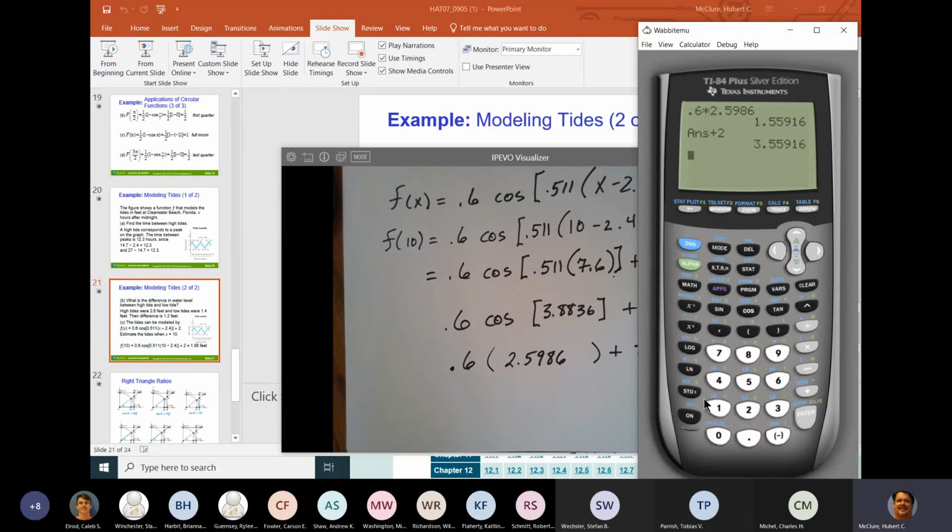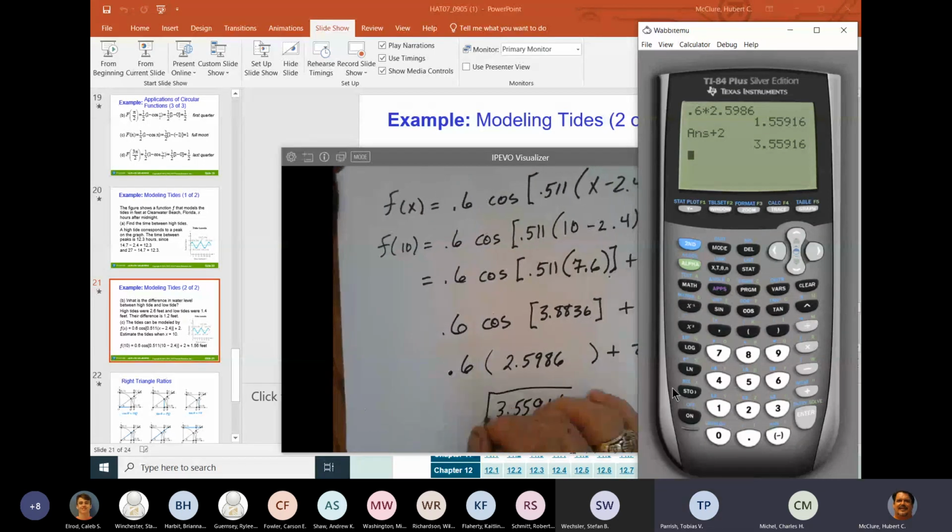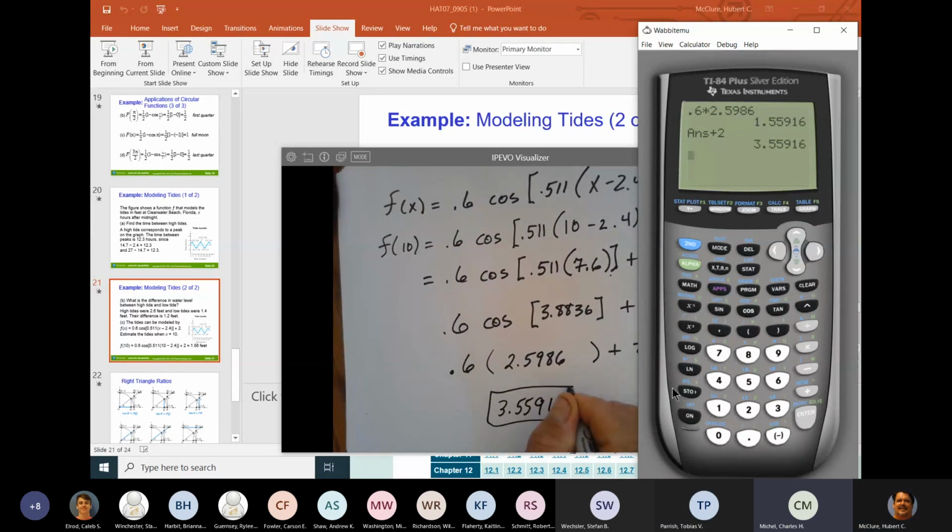I got 3.55916. Oh, I was saying that 2.6 was the final answer. Okay, I appreciate it, but I didn't ask for that. I asked for the cosine of 3.8836. My bad.